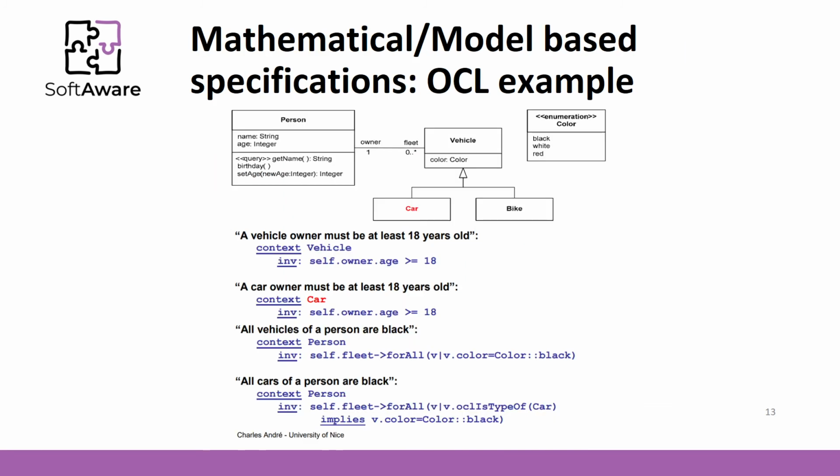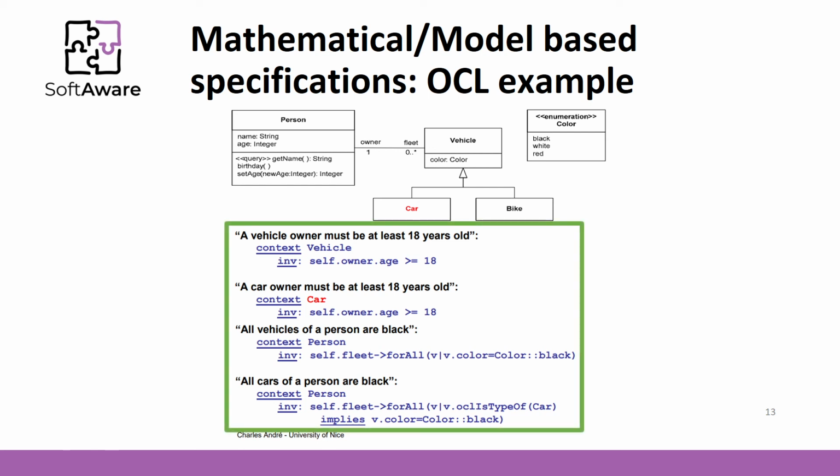Finally, let's overview mathematical or model-based specifications. And let's take an example of Object Constraint Language, or OCL. Actually, this is used in the UML diagrams as a part of object specification. Using properties and constraints, we can write similar sentences as it is shown in the slide for all objects.